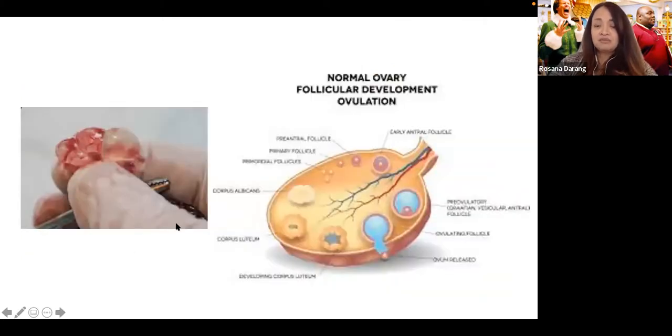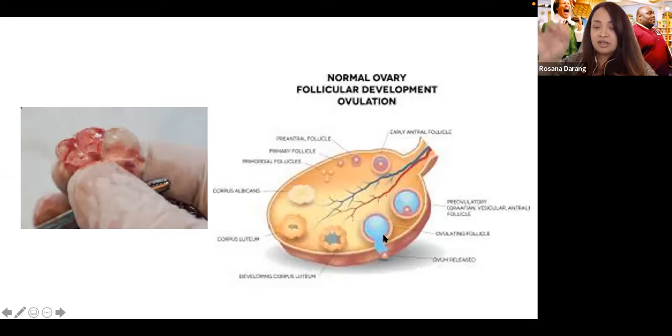So here's a picture of what could happen. It could start off as a small follicular cyst. If you remember the menstrual cycle, it starts off with a small follicle, and every month this happens. The follicle becomes a vesicular cyst, the buildup of fluid within the follicle.